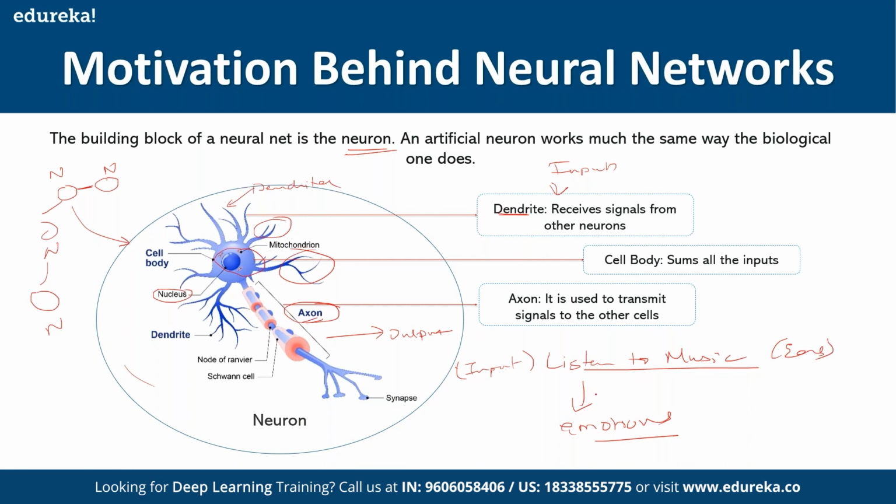The neurons will process it, and your mind and your body will feel the emotions. But who is taking this input for you? The neurons are taking the input, and they are giving you output. Each neuron is connected to other neurons, and each neuron receives the input and gives the output.